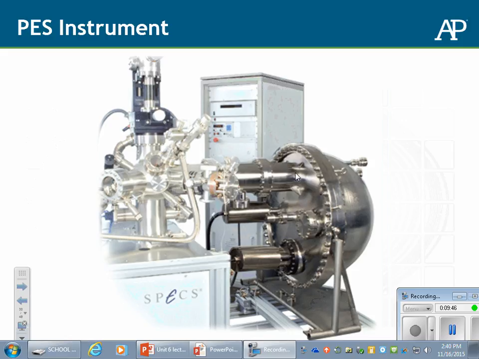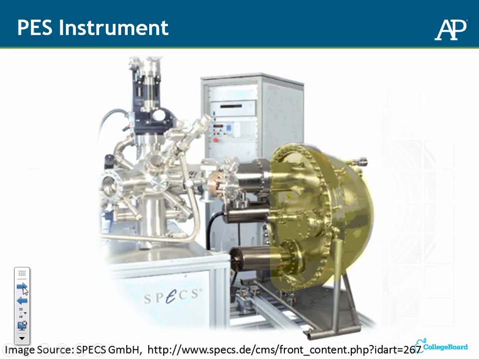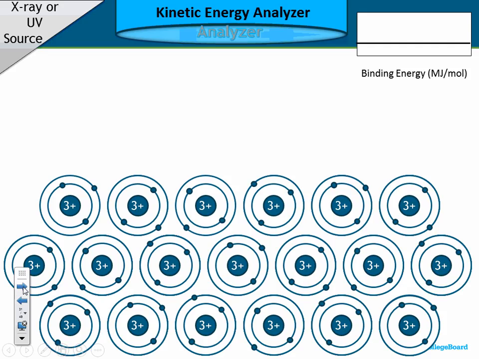And that drum is able to detect the speed of the electron as it comes off of its atom. So that's the drum, where the electron will circle around, and we can calculate the velocity of the electron. So this is kind of how it works. This is a great little analyzer.